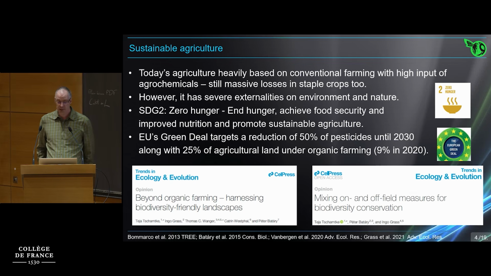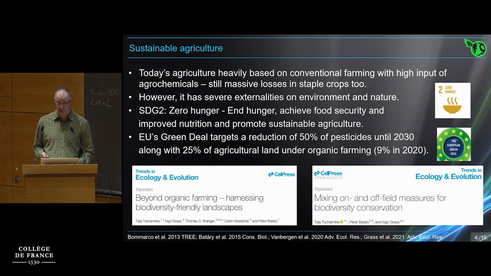So today, agriculture is heavily based on industrial, conventional farming with high input of agrichemicals, and still we see losses in staple crop. Staple crop is what we usually need for our everyday life: here in Europe cereal, in Asia rice, etc. So this comes with several externalities on environment and nature, a serious decline in biodiversity, and the SDG 2, Sustainable Development Goal of the UN, says that we have to end hunger.